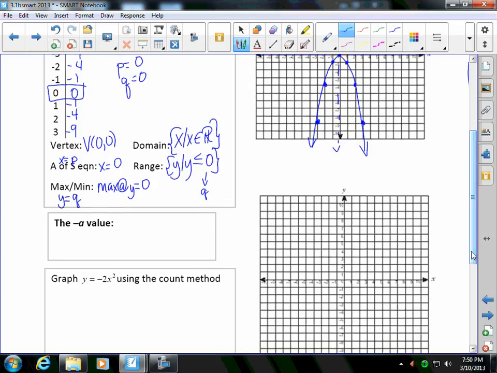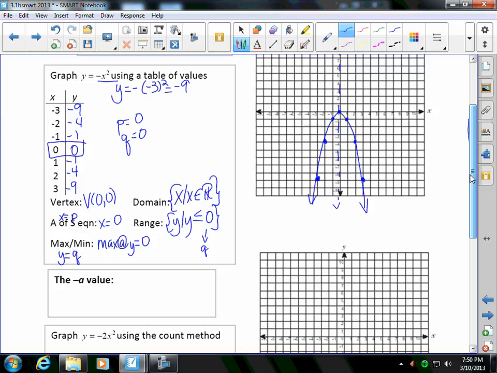So the negative a value there, if we look at our graph, if we compare it to the x squared graph, the only thing that is different is that our graph is going down. So the a value, positive or negative, will tell you which direction your graph is going.